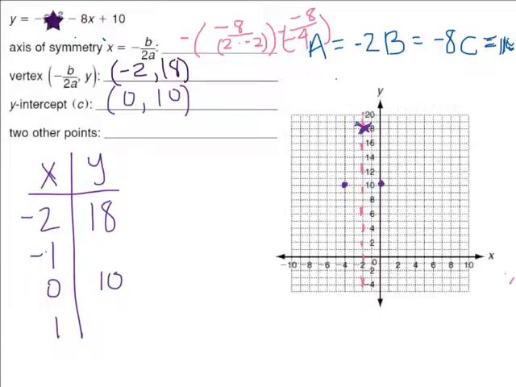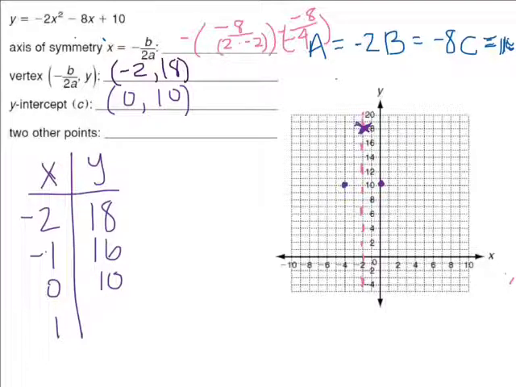Negative 1 squared is 1 times negative 2, so that's negative 2. Negative 1 times negative 8 is positive 8. Positive 8 and negative 2 are 6. 6 and 10 is 16.